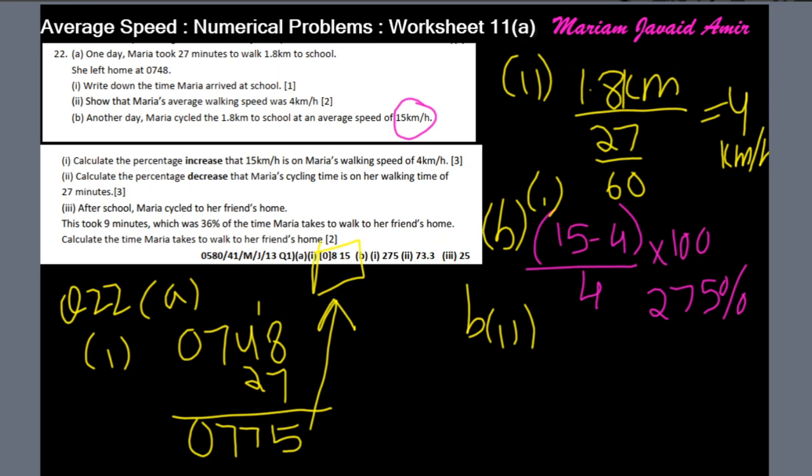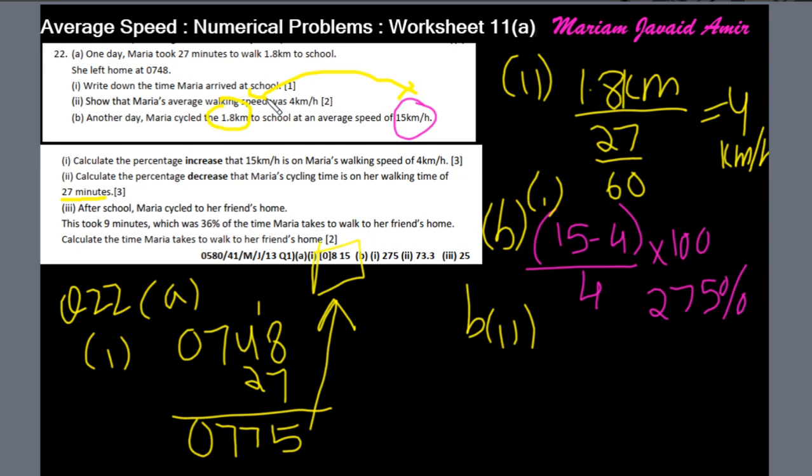Calculate the percentage decrease that Maria's cycling time is on her walking time of 27 minutes. Do we have her cycling time? No, we don't. We need to find that out from these two values: she cycles 1.8 kilometers to school at an average speed of 15 kilometers per hour.